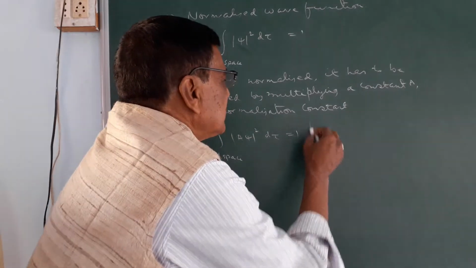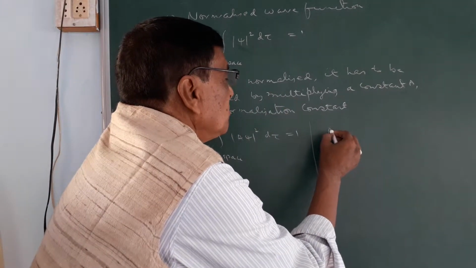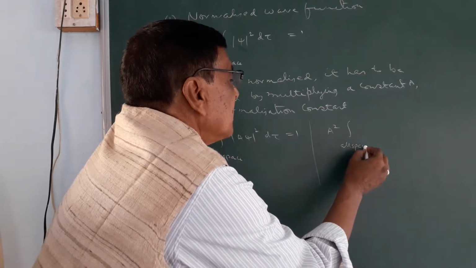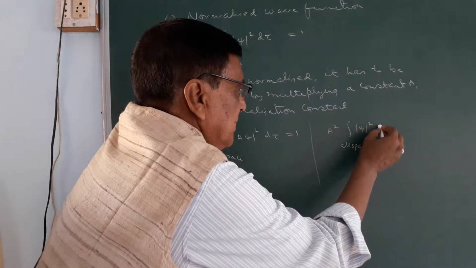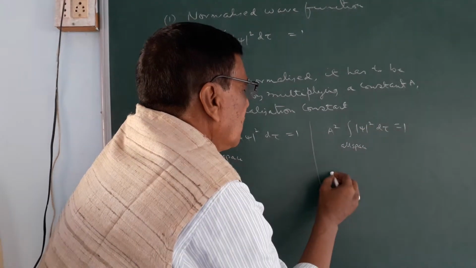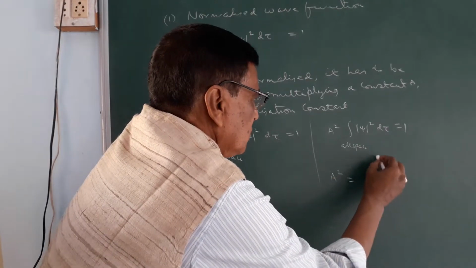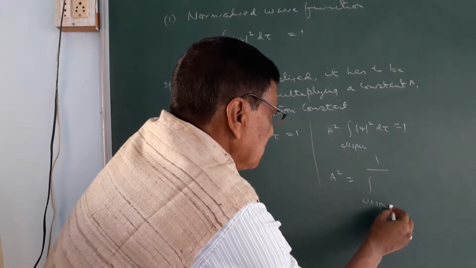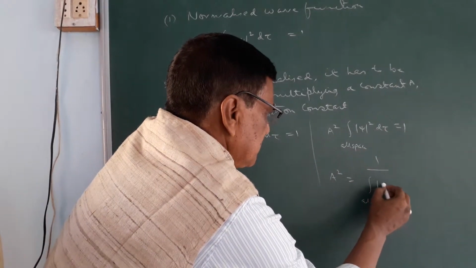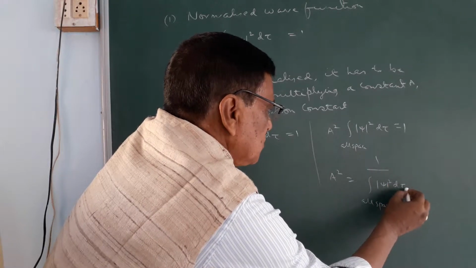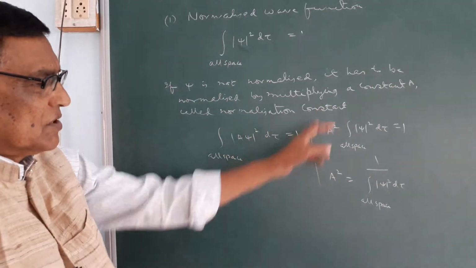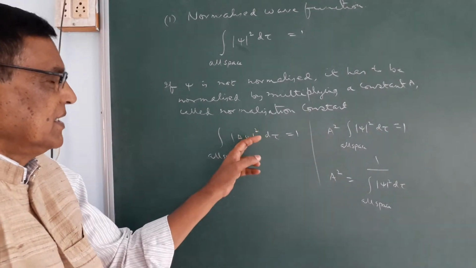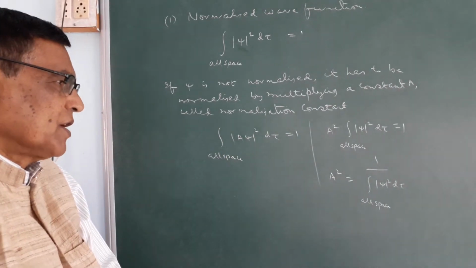Since A is a constant, it will be A squared times the integral over all space of modulus psi squared d tau equal to 1, or A squared equals 1 divided by the integral over all space of modulus psi squared d tau. In this way the normalization constant A is evaluated, and when A is multiplied with psi, this gives the normalized wave function.